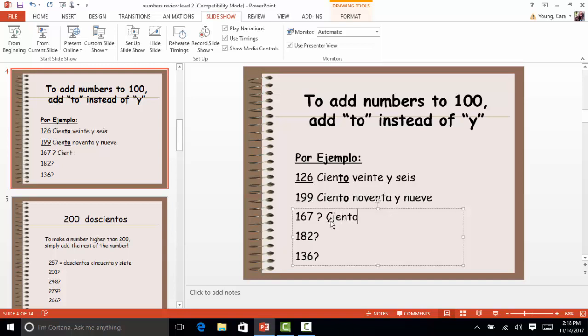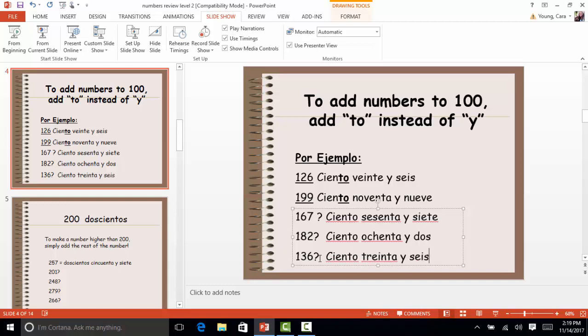Start with ciento. Okay, 60 is kind of spelled a little bit weird, so you want to make sure you don't have an I in there. Okay, how about 182? Okay, that one we're going to start with ciento again. 82. Okay, and 136. Start with ciento.